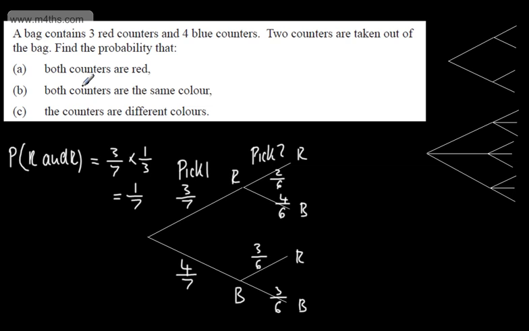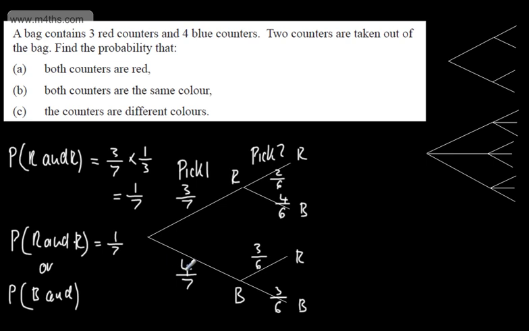The probability on the next one is that both counters are the same colour. So we could have now red and red, or we could have now blue and blue. We already know the probability of red and red, that's going to give us 1/7. If we look at the probability of blue and blue, it's 4/7 multiplied by 3/6, which is 1/2.